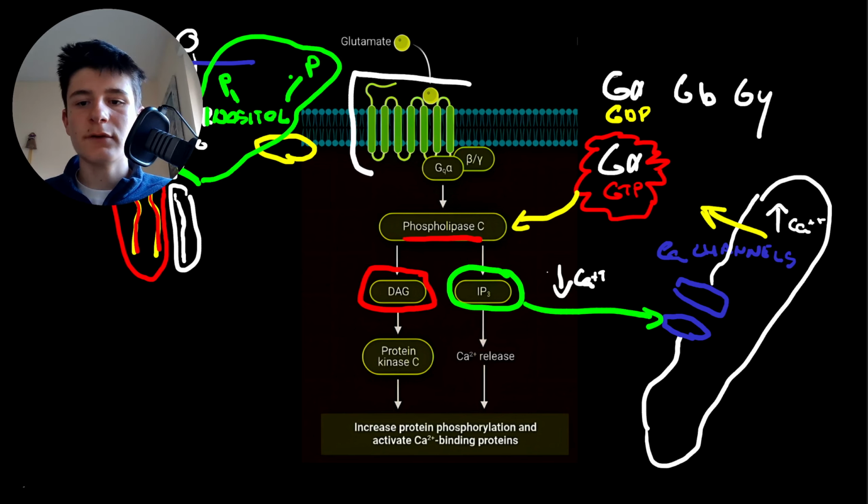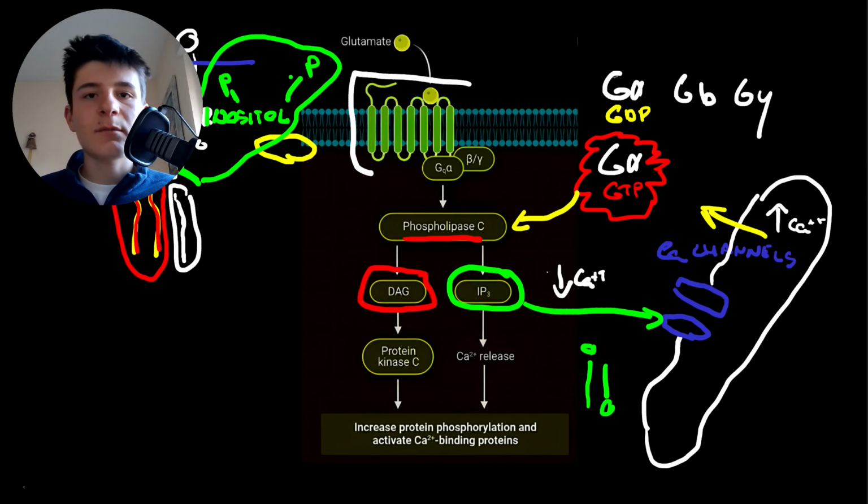So calmodulin, for example, gets activated. But there are many other proteins that are dependent on calcium. And so calmodulin can activate other proteins, and so we have a cascade that depends on the type of cell and hormone that we're talking about. So for example, here glutamate is an excitatory neurotransmitter inside neurons, so it may increase neuron excitability.